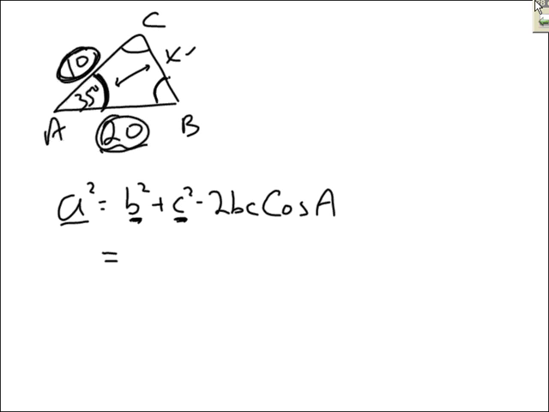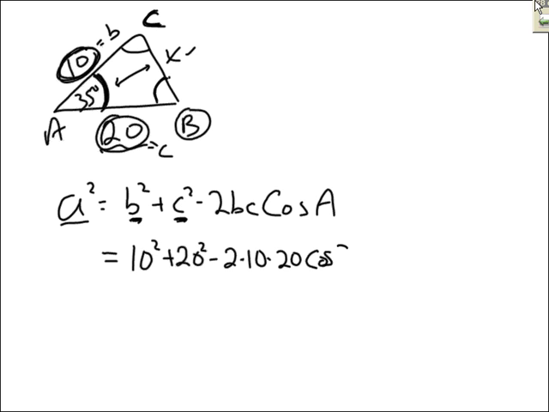All right, so opposite angle C is little c, and opposite big angle B is little b. So we have b squared, 10 squared, plus 20 squared, minus 2 times 10 times 20 times the cosine of 35 degrees. I mean, you can just type this right into your calculator.